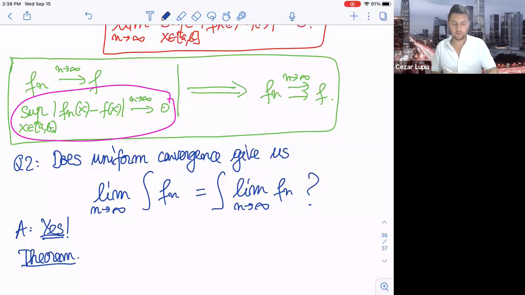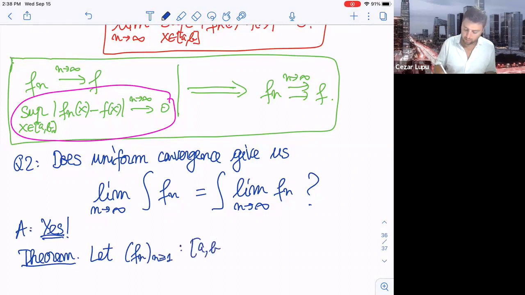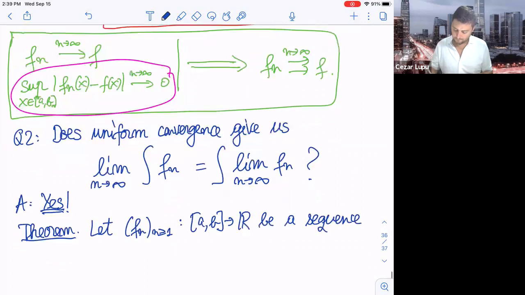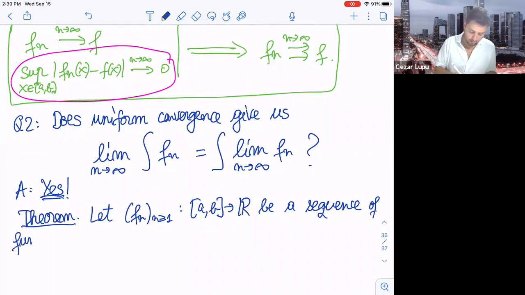So basically the theorem says the following. Again, let Fn be a sequence of functions defined again on the interval [a,b]. Let me be more specific, of integrable functions. This is important.